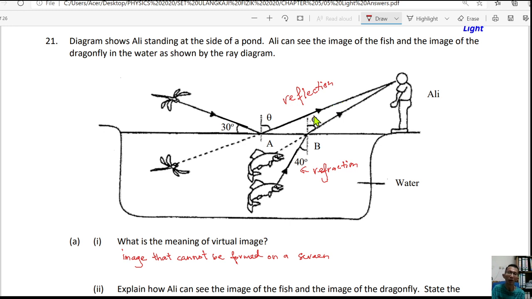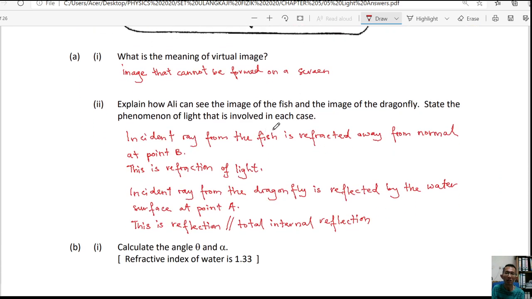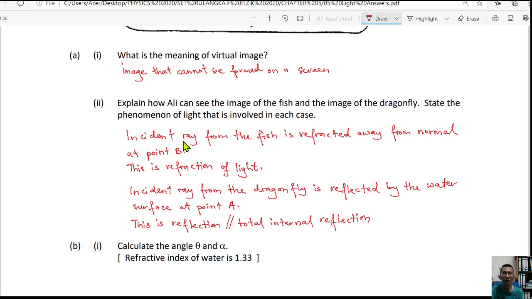Okay, so now we go to the explanation. Incident ray from the fish is refracted away from normal at point B. So this is refraction of light. One point.